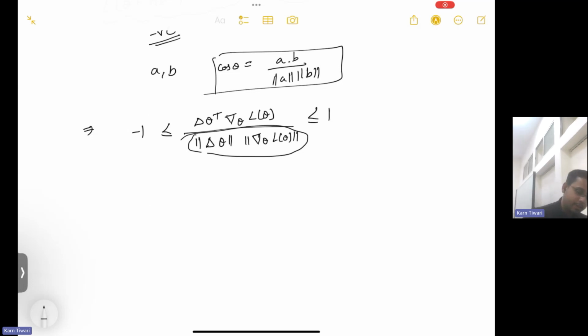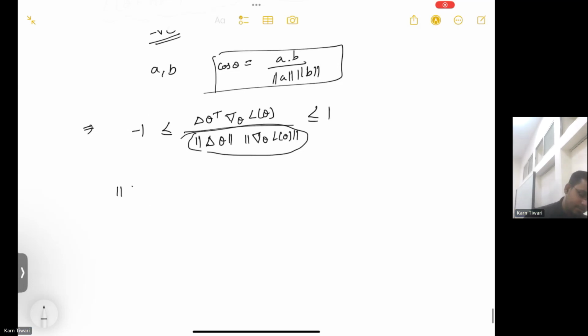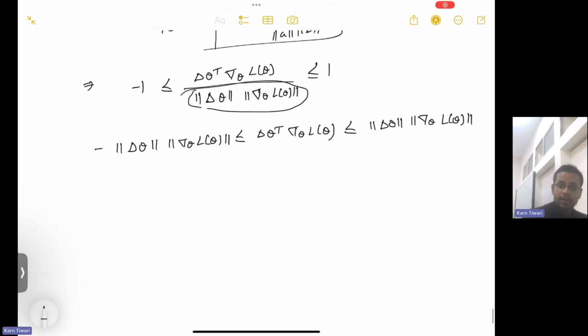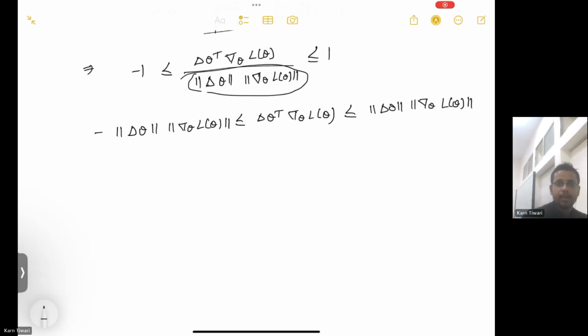You can rewrite it as bounded above by norm of del theta, norm of gradient of L theta. This is what we want. Okay.